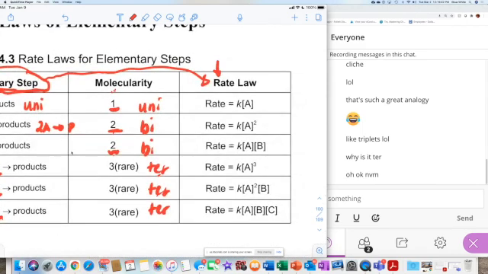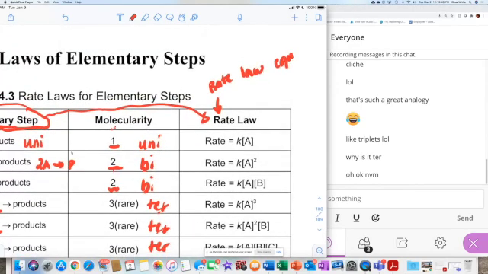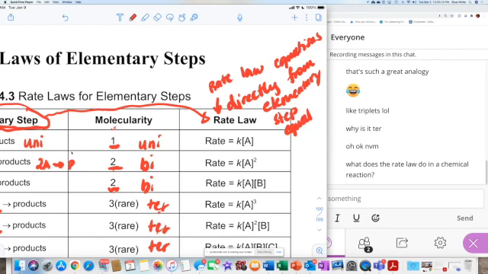So these are rate law equations directly from elementary step equations.